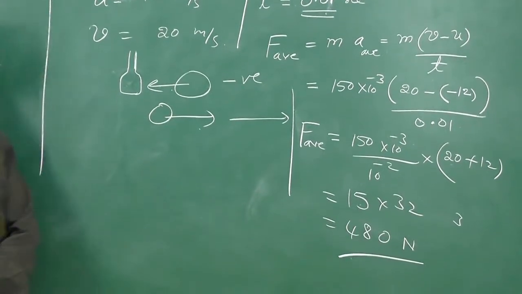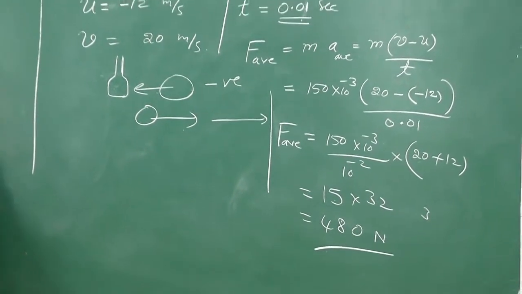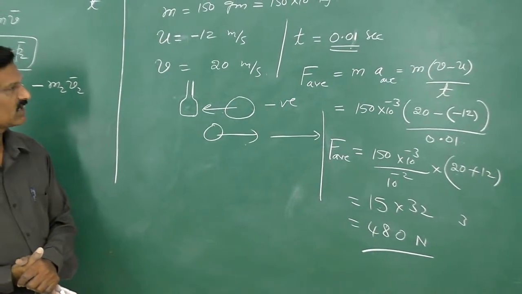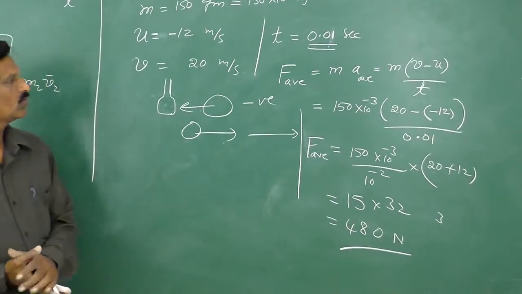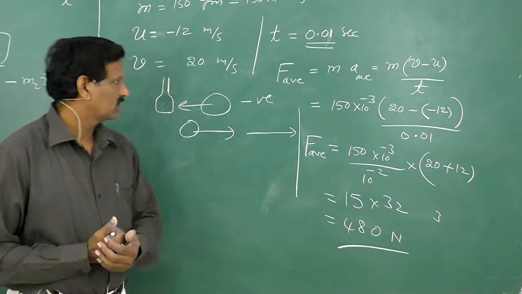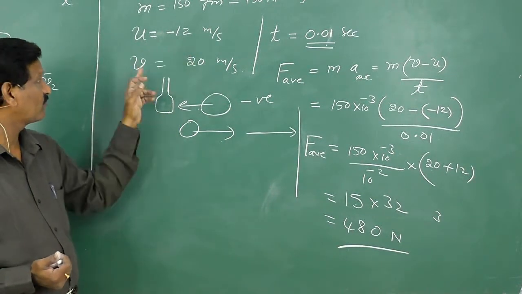So here to find the average force, we must know the average acceleration. Average acceleration means change in velocity by time. Here initial velocity and final velocity are different, and in different directions. So if you take the final velocity in the positive direction, initial velocity will be in the negative direction. Hence, u must be taken as minus if v is taken as positive.